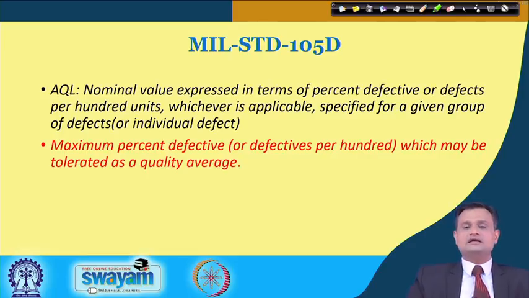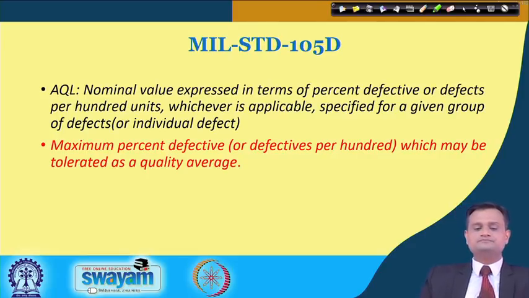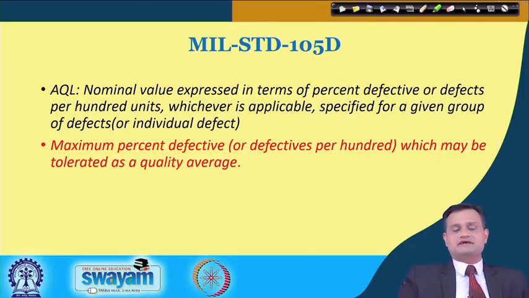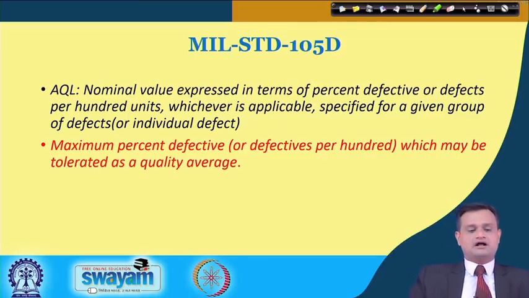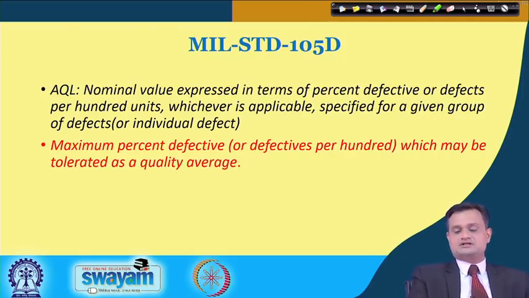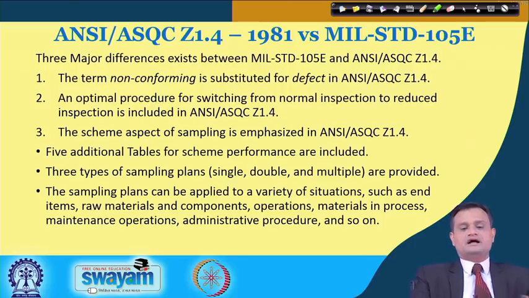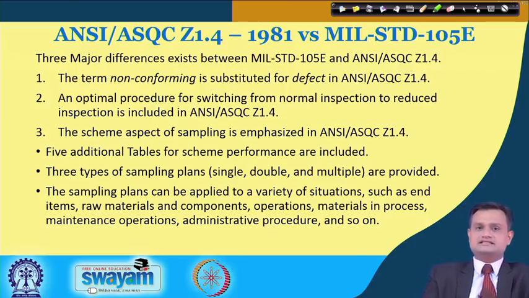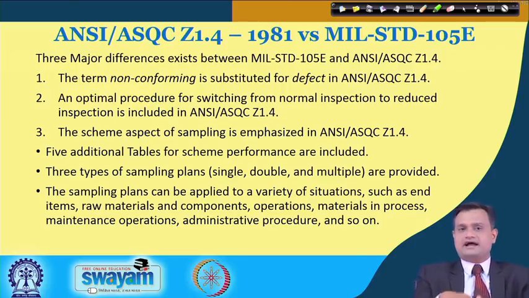So, AQL is your nominal value expressed in terms of percent defective or defects per 100 units, whichever is applicable, specified for a given group, and this is the maximum percent defective which may be tolerated as quality average. This we have seen. Now, MIL STD is part of ANSI, but there is a little difference.